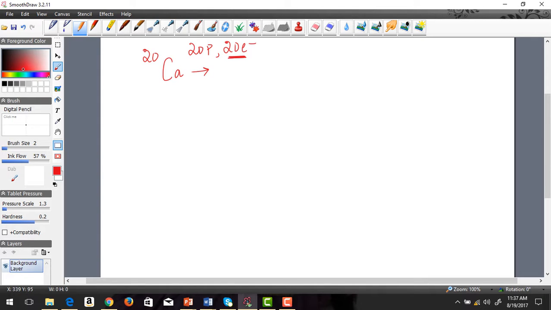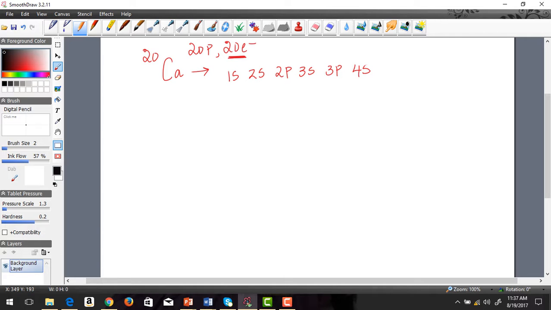Calcium, of course, is in the s band in the fourth row, so we have quite a few candidates ahead of it: 1s, 2s, 2p, 3s, 3p, and 4s. No problems, right? Because it's only when you go past 4s that things start to get a little complicated. But up until calcium, we're good.